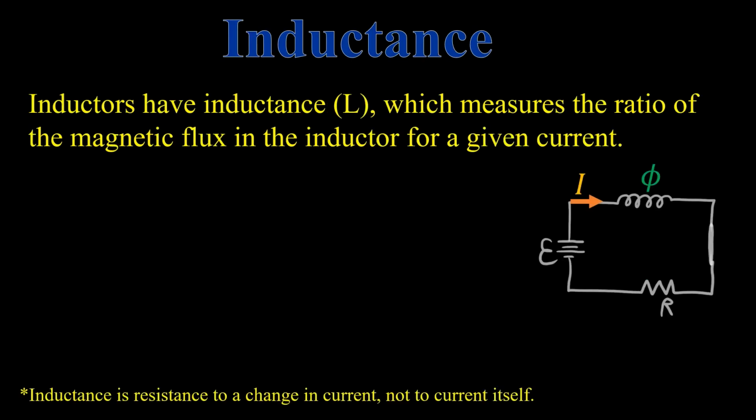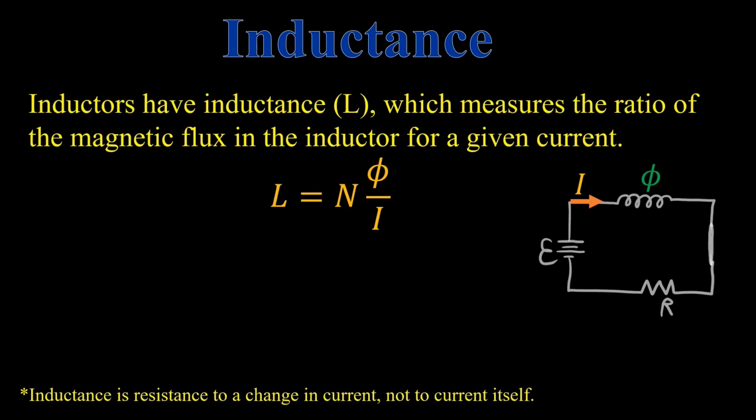So inductance is a property of inductors, obviously, and it's the ratio of how much flux they can create. Inductors create a magnetic flux, which is going to influence the amount of back EMF they can create, because back EMF is change in flux over time. So it's the amount of flux that goes through that inductor per current given to it. And that's the formula right there. So it's N, the number of loops of the inductor, times the amount of flux that's going through it per unit of current.